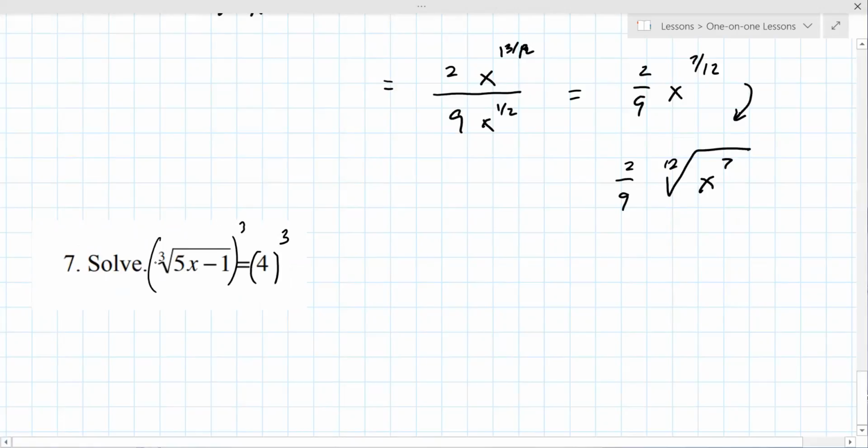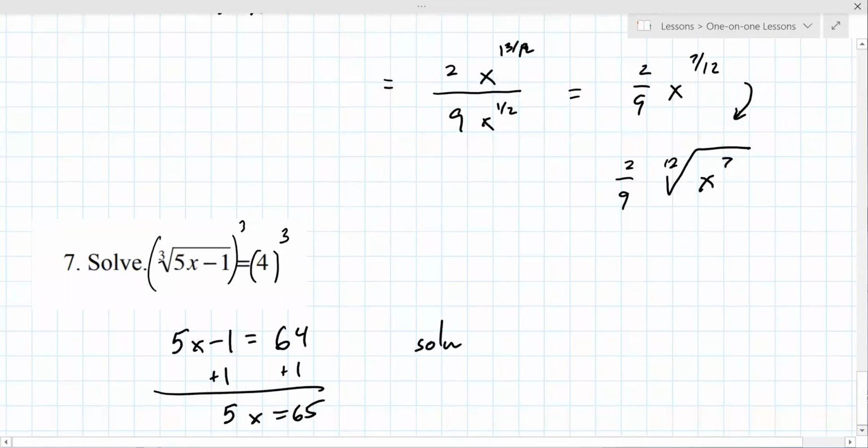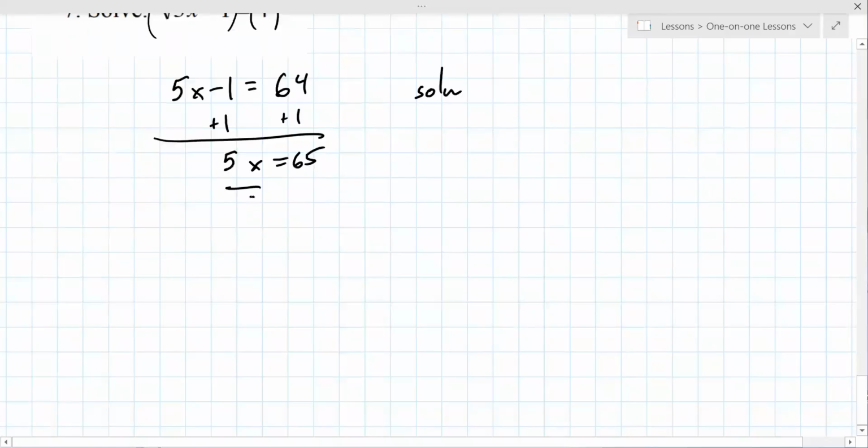You're left with just what's inside the parentheses. 4 to the 3rd is 64. And now this is just solving a multi-step equation. You add 1 to both sides. 5x equals 65. Divide both sides by 5. And then x equals 13. Okay.